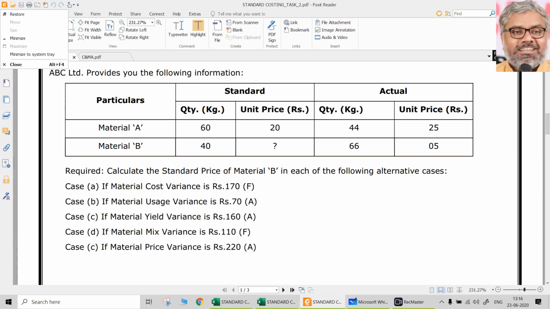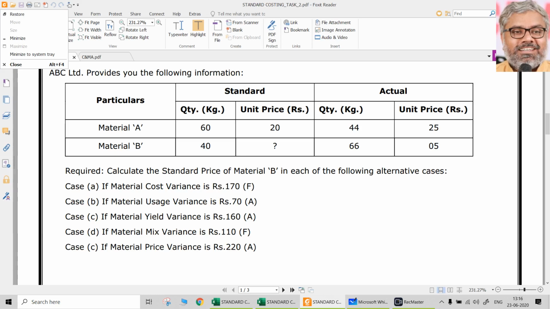For example, the first case says material cost variance is 170 rupees favorable. So what is material cost variance? That we should know first. That is SQSP minus AQAP. So SQSP for material A we know, AQAP for both we know. That is 44 into 25, 66 into 5.